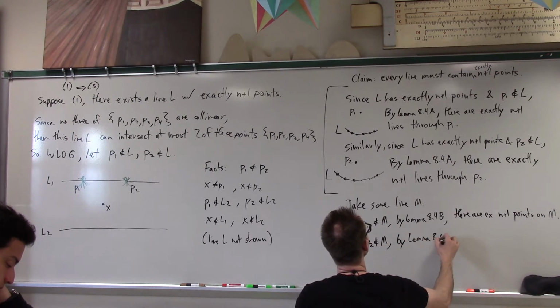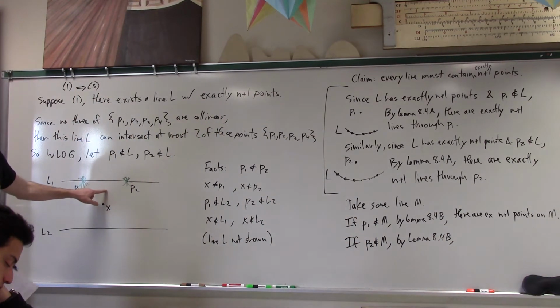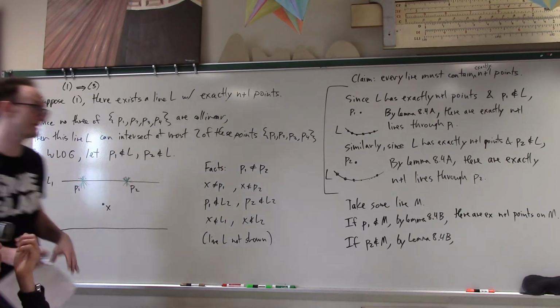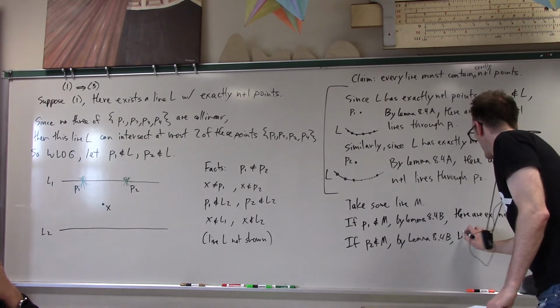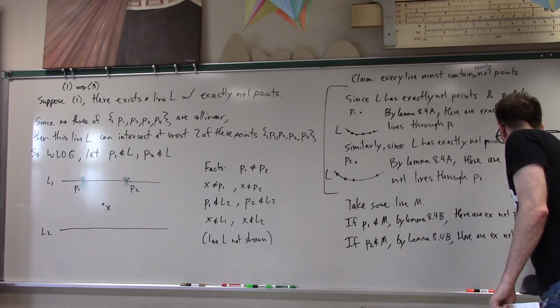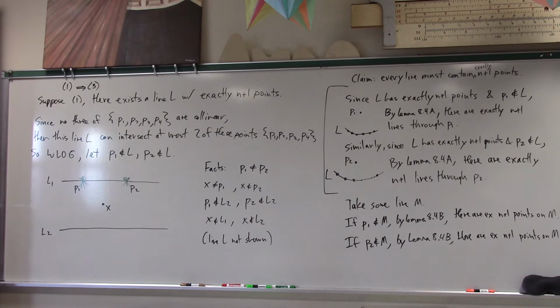By lemma 8.4b, if M misses P2, then the n plus 1 lines coming out of P2 must meet M. So then we conclude that there are exactly n plus 1 points on M. Okay, so yes, unless M is like L1.